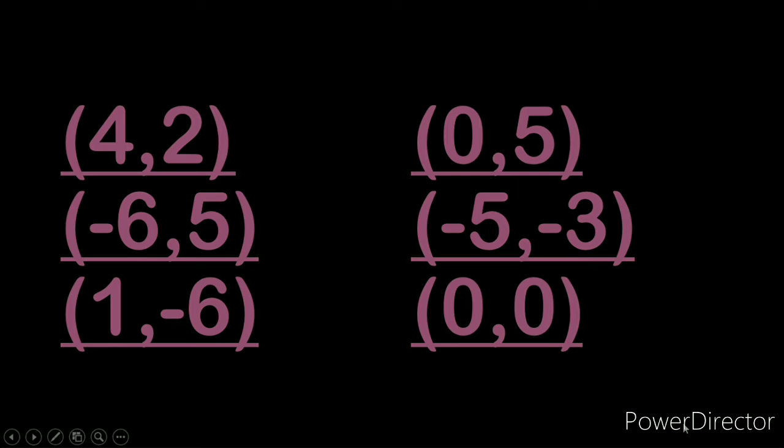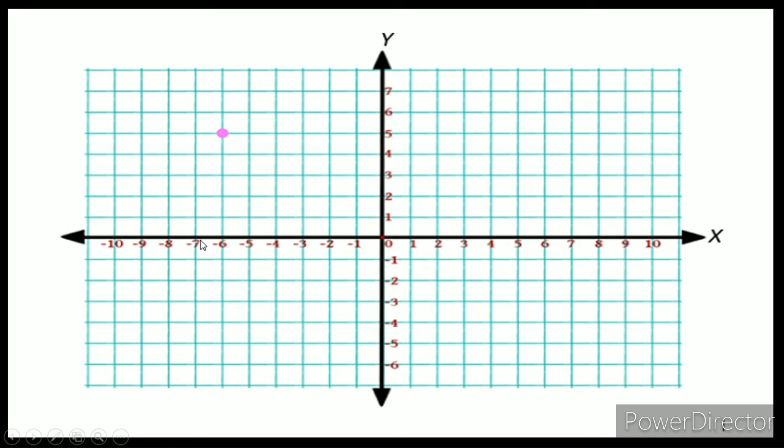So we have here (-6, 5). Let's see where (-6, 5) is located in our Cartesian plane. So here, (-6, 5) is located over here. Since -6 represents our x-coordinate and 5 represents the y-coordinate, we count 1, 2, 3, 4, 5, 6.